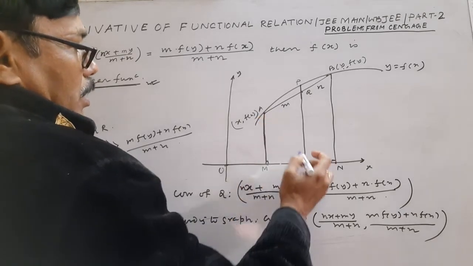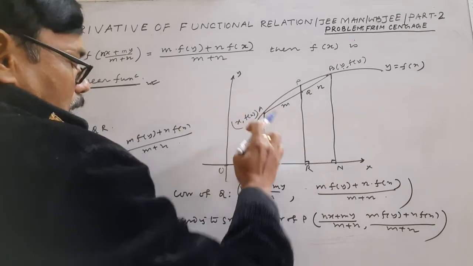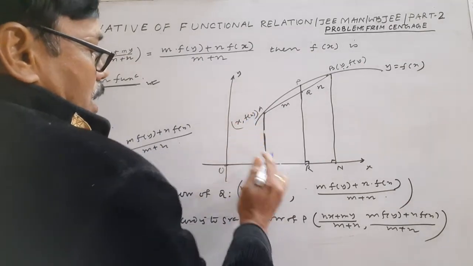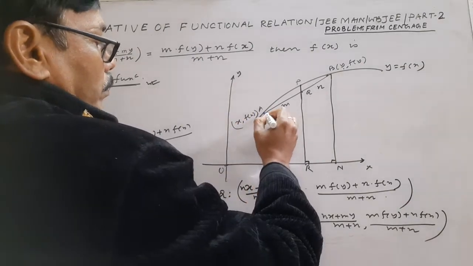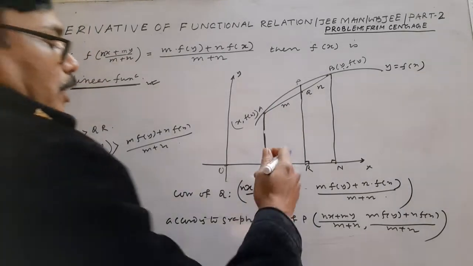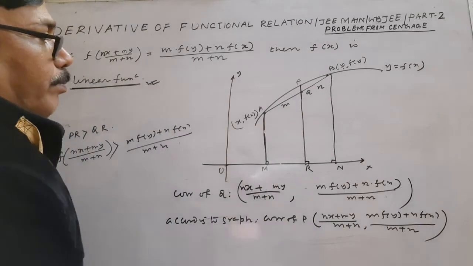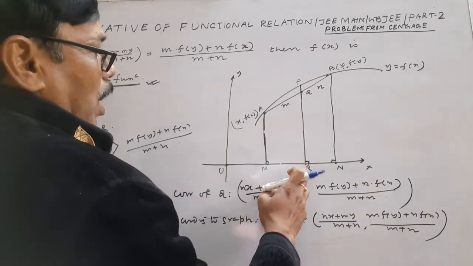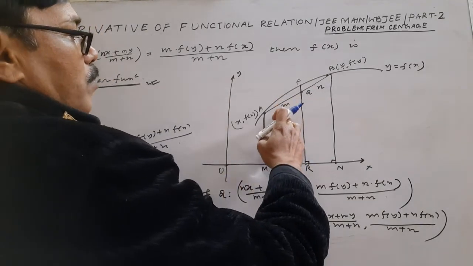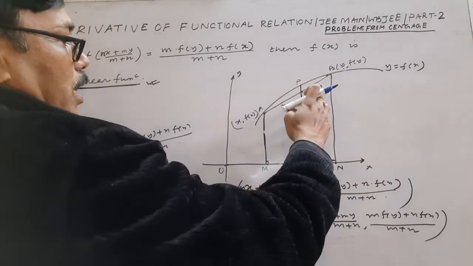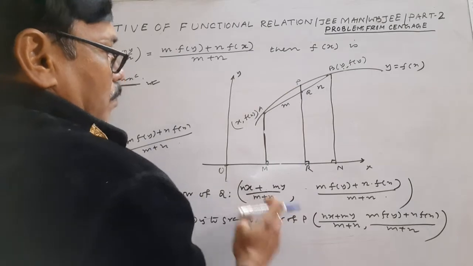This is x and this is y. So the ratio is m to n. So the x coordinate of R is (m y + n x)/(m + n).